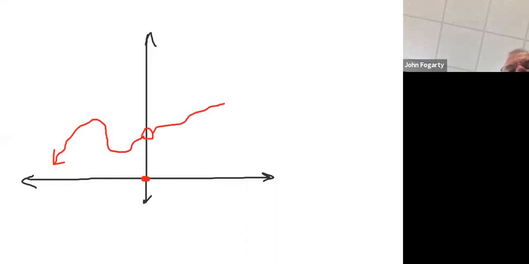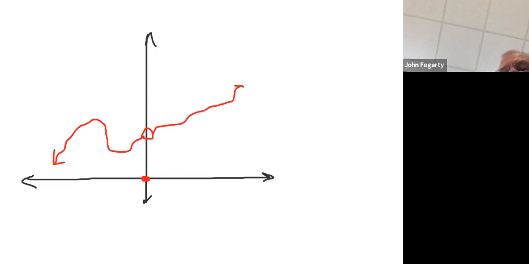When I say my function will be undefined at x equals 0, what that means is no matter what my picture looks like, it doesn't matter, my function can look like this. But if I tell you it's undefined at 0, I could have a hole, but I also could have an asymptote.